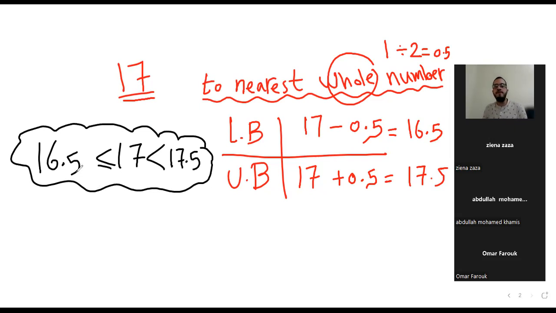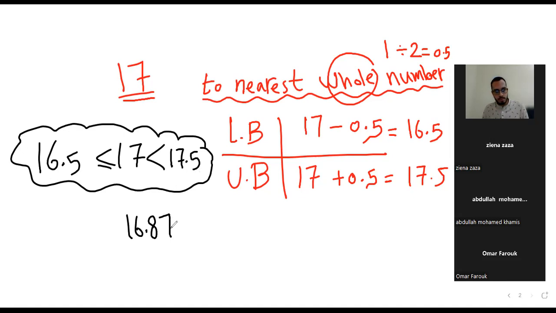Guys, if you have 16.5, to the nearest whole number it equals what? 17. Abdullah, can you choose any number between 16.5 and 17.5? Any number you like. 16.8, 17, 16.87.